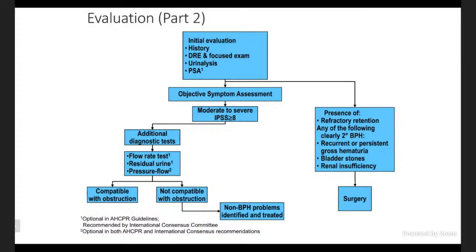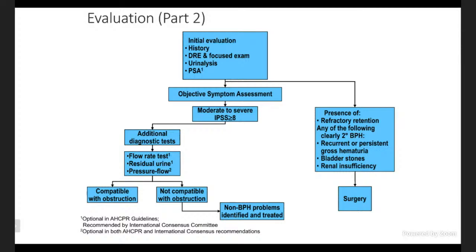Once it is proven that there is bladder outlet obstruction secondary to benign prostatic hyperplasia, or benign prostatic obstruction, we can start them on medical treatment. If not responding, surgery is always there.